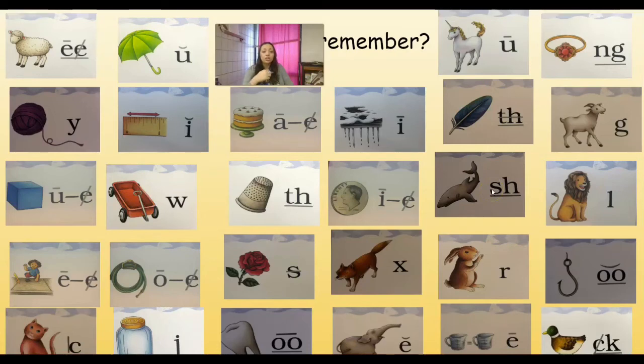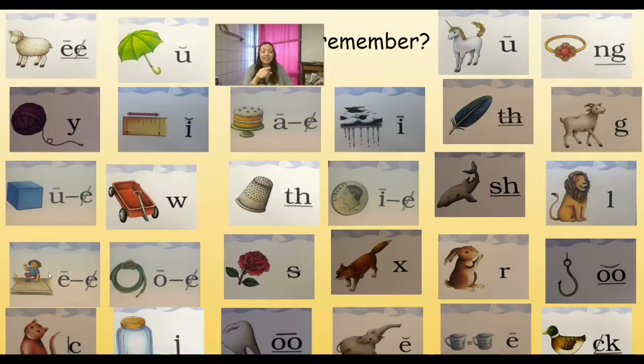Shark, digraph SH. Lion, L. Concrete, E consonant E. Hose, O consonant E. Rose, S. Fox, X. Rabbit, R. Hook, digraph OO.